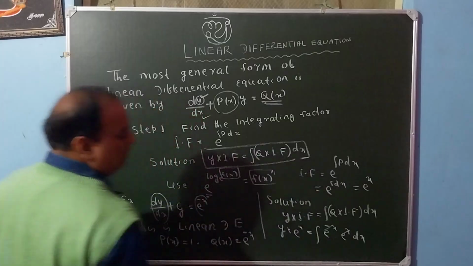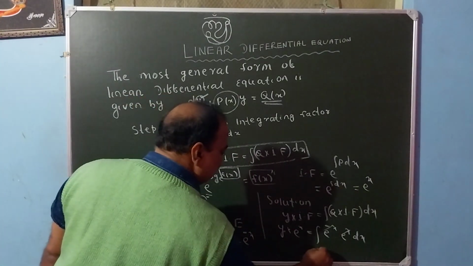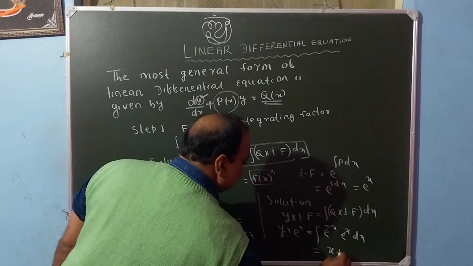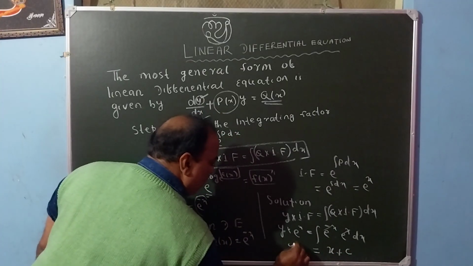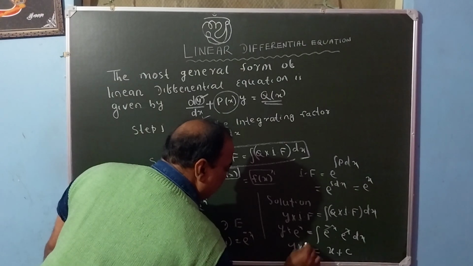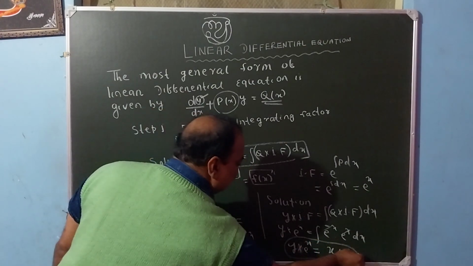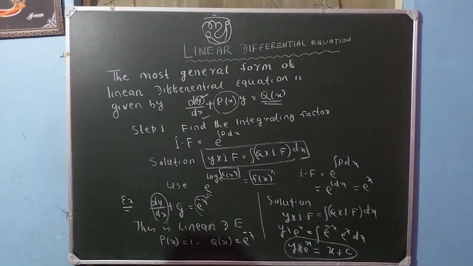Base equal, powers will be added. Integration of dx is x plus c. So that is the answer: y into e to the power x is equal to x plus c. This is the answer of this question.